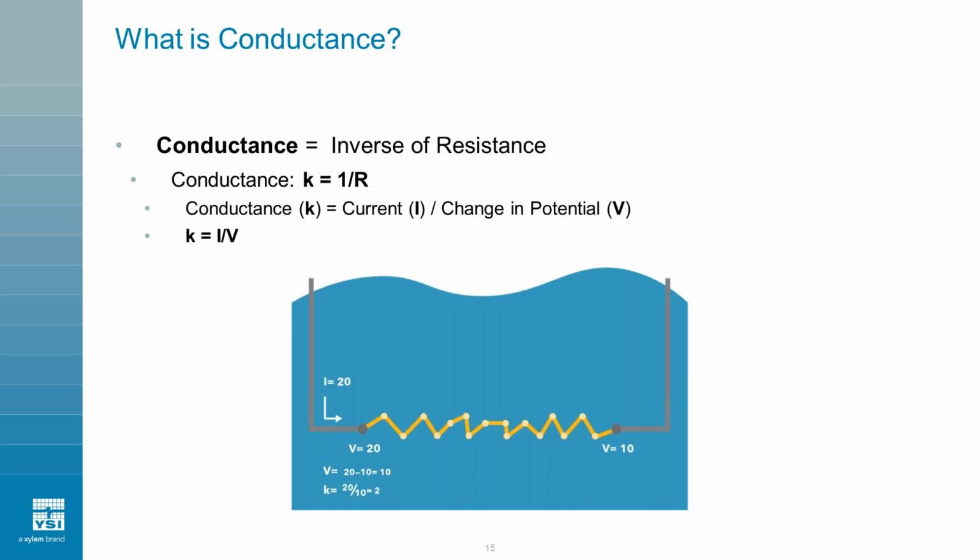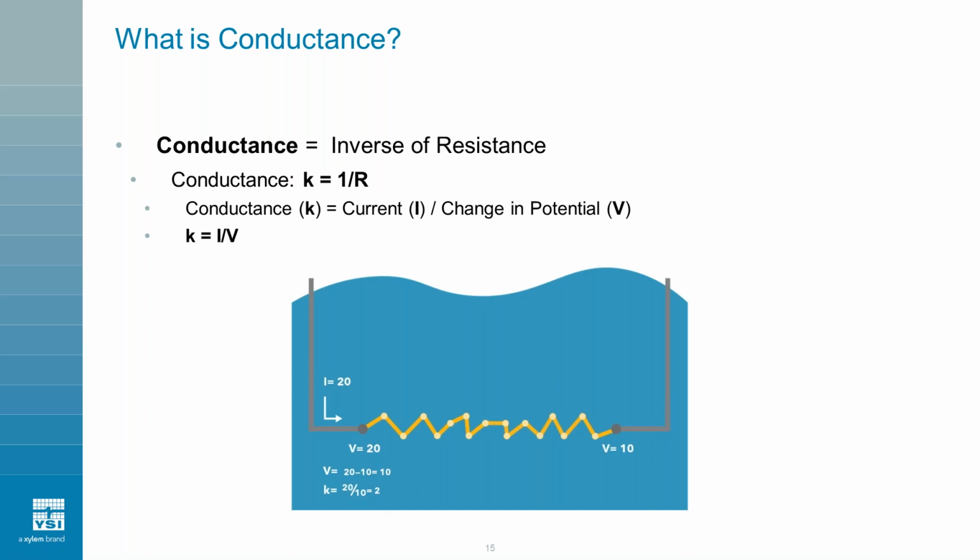Tying this back to conductance, again, it is simply the inverse of resistance. So using our example here, conductance can be calculated to 2, which is the same as 1 over 0.5.